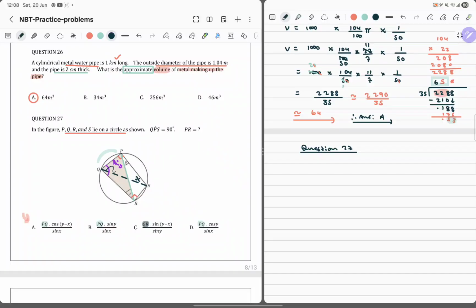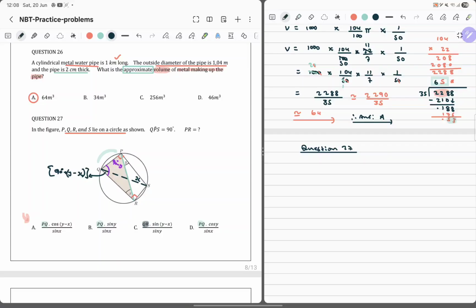So this angle is going to be 90 degrees plus y minus x. We can just choose to group this nicely like this. So this is the angle.